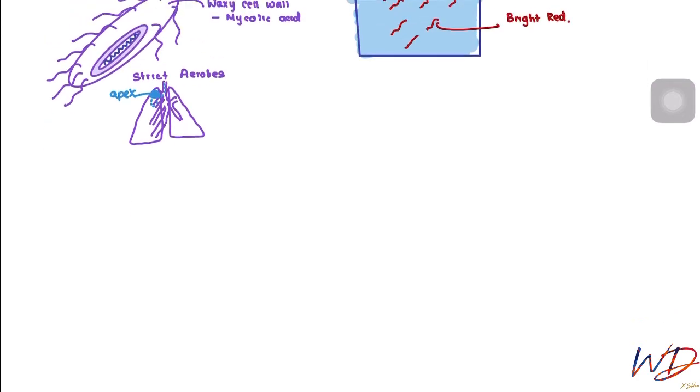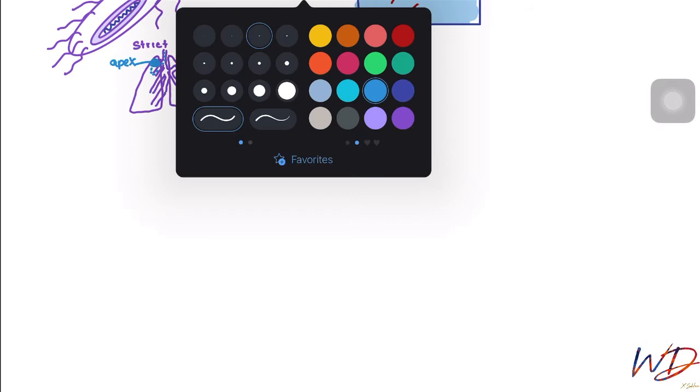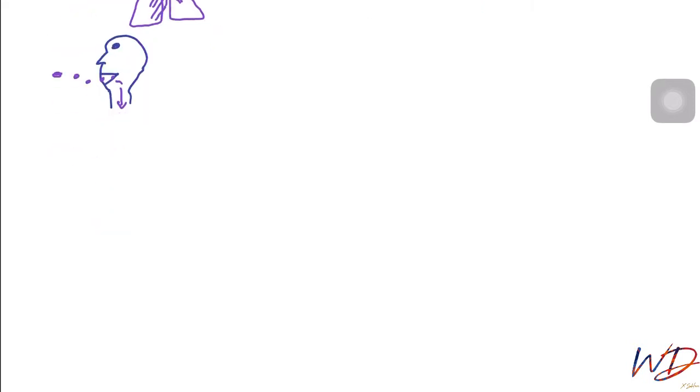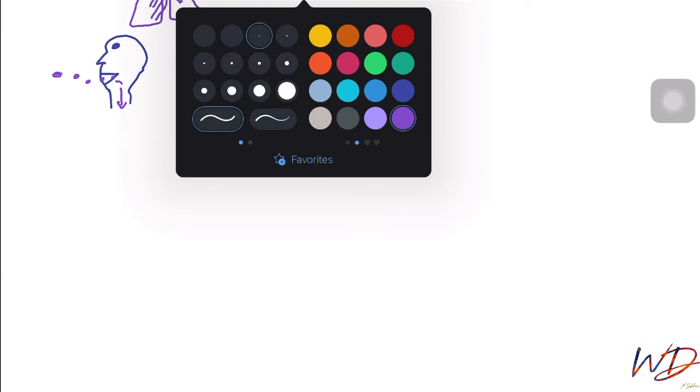Now, how do these bacteria spread to a person? So we'll draw a person. This is airborne. This is airborne transmission. The bacteria are airborne. They will come, go to the lungs. Let me draw a bigger lung because I will be drawing more on that.